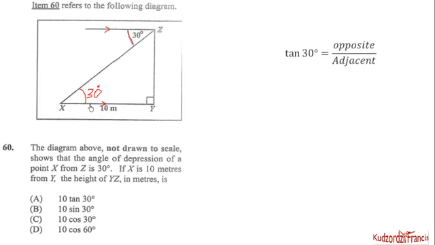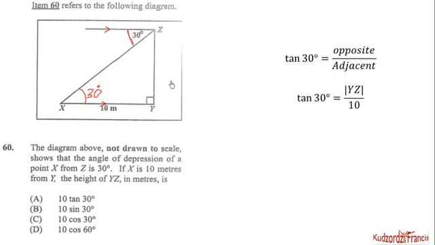So now we can apply the trig ratio that will involve the opposite YZ and the adjacent XY, and that trigonometric ratio is tangent of the 30 degrees angle here. So the tangent ratio is opposite over adjacent. The opposite is YZ and the adjacent is the 10 meters. Now we multiply both sides by 10 to get 10 times tan 30 degrees equal YZ. So the correct answer is A.